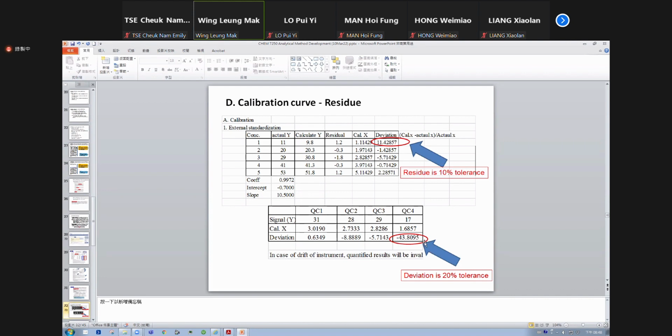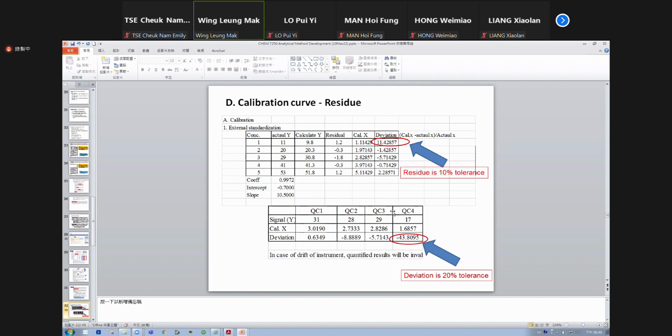Okay. If this QC4 is the CCV, that means the samples injected between QC1 and QC2 can be reported. The 21 to 40 samples can be reported.